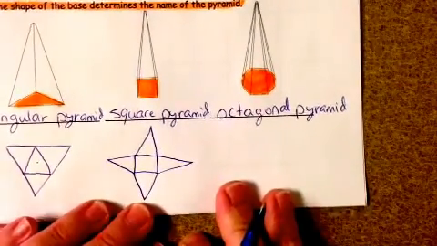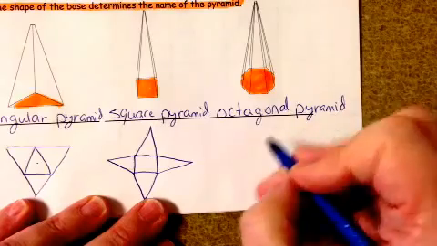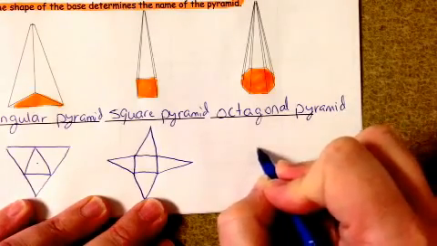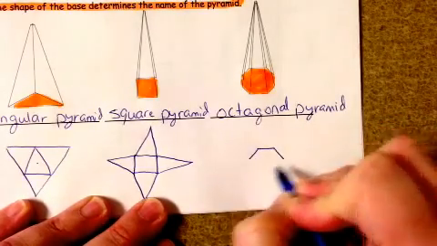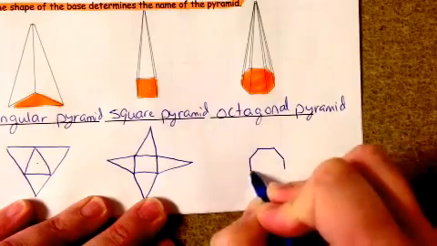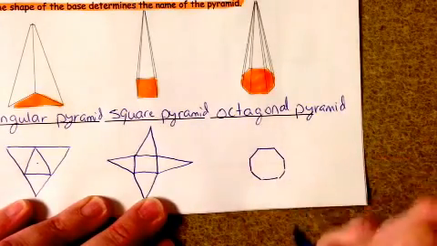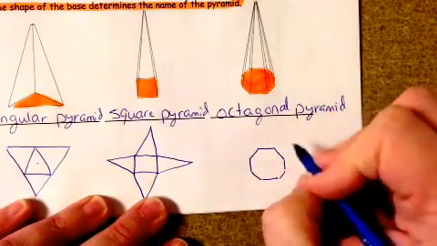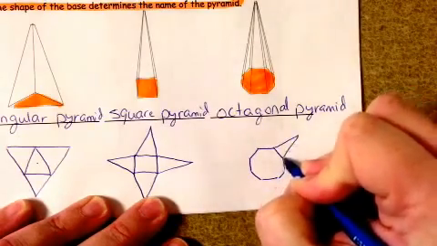And to draw its net, we need to draw an octagon. And then triangles coming off.